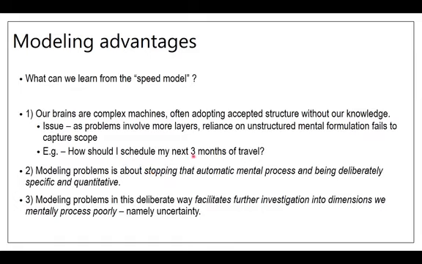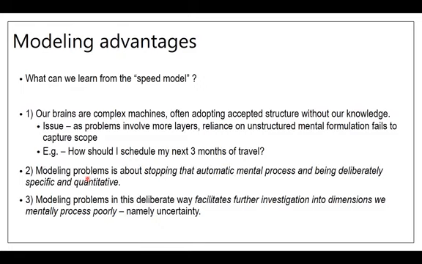But as we get more layers and the problems get bigger and we have less experience with them, if we continue to rely on unstructured mental formulation, we miss out on scope, right? So it would be very rare that we would try to plan the next 3 months of travel, even though travel is something that there's one version of the problem we can solve very well.